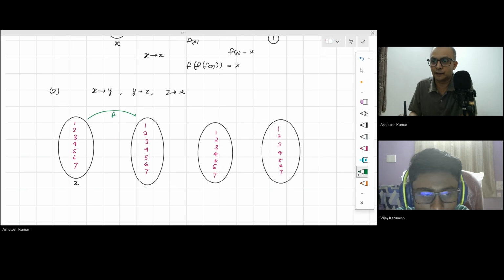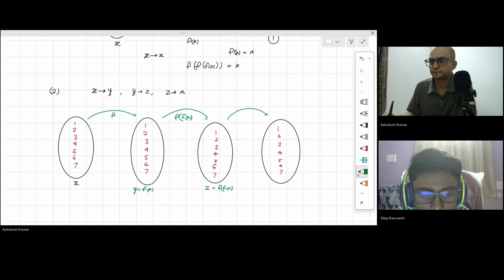So this is going to be y, or I can say directly f(x), no problem. And then again it is mapping, f of f(x), and that I call z, which is equal to f of f of f(x). And again this is mapping to x back, correct?